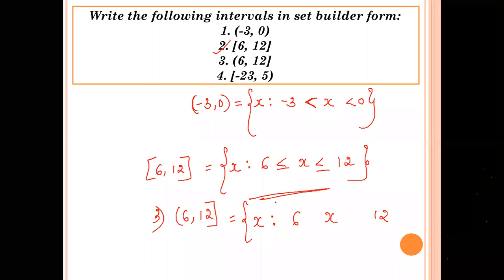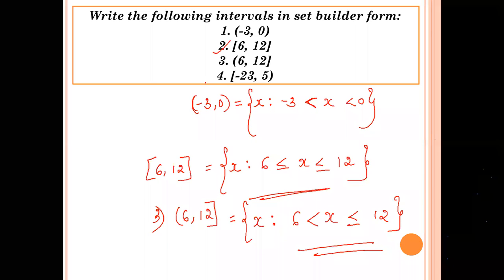When we have open, we have to write less than, which means 6 is not included. X cannot be 6. But at the end of 12, it is closed, which means x can be 12 also. So it should be less than or equal to. Good, Purnima. So this is the answer for the third one.